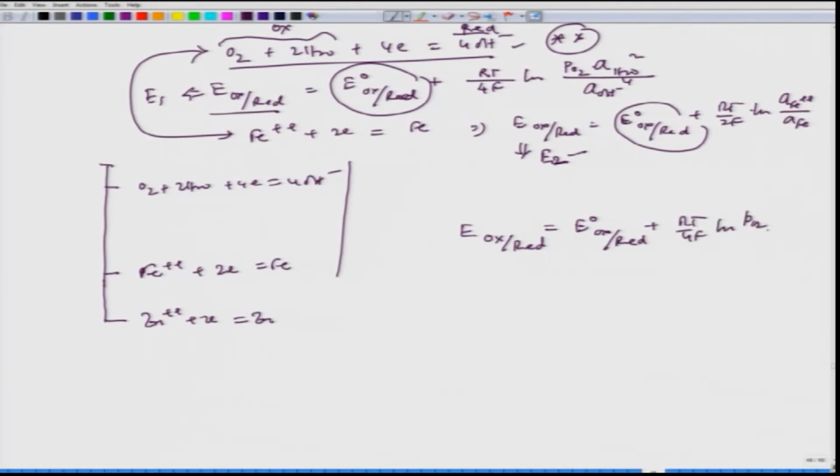The activity of H2O, since it is pure water, we can consider to be 1, and we maintain the activity of OH minus the same in two situations, where in one case PO2 is high and in the other case PO2 is low.